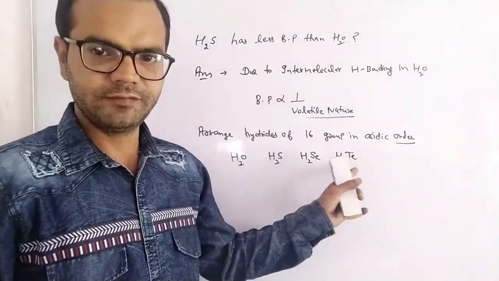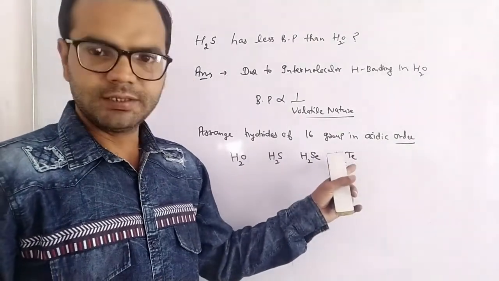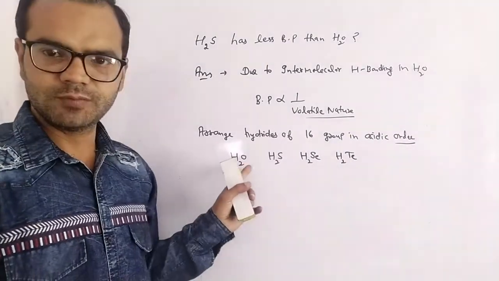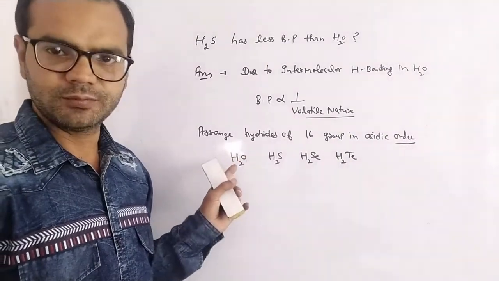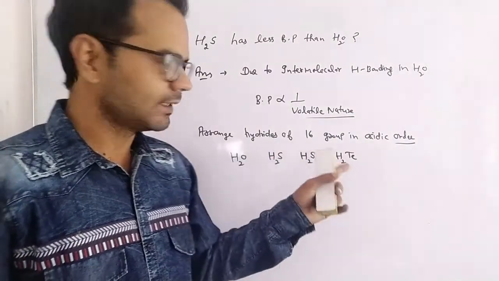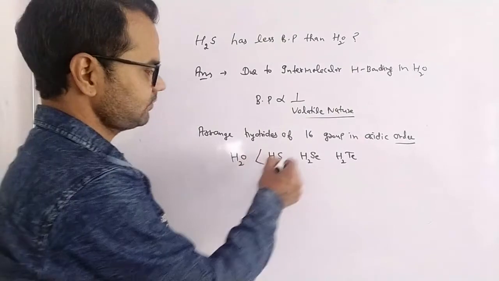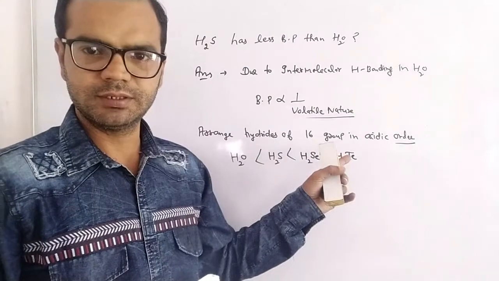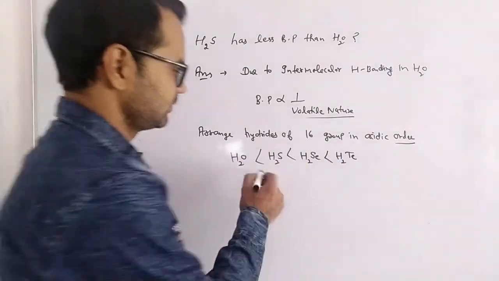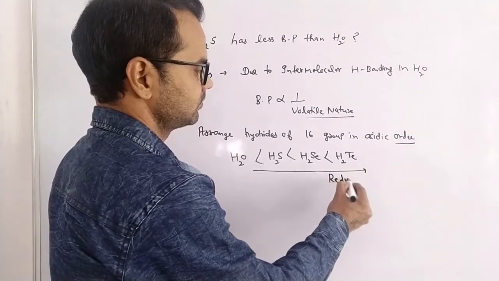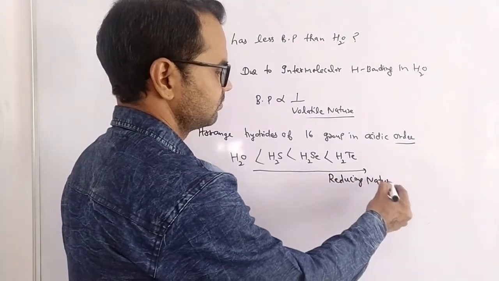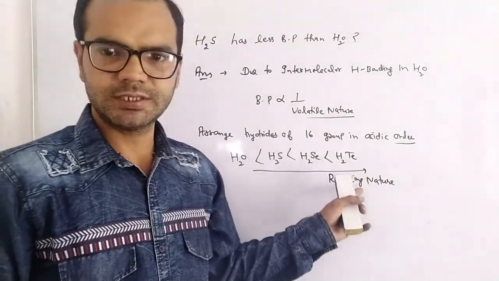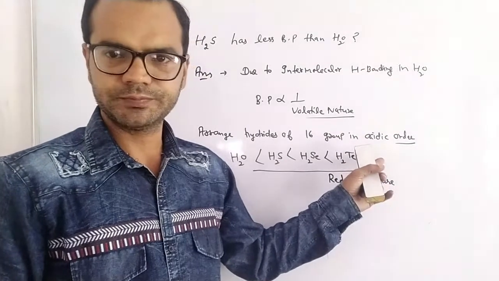In H2Te there is a weak bond and high bond length. Bond dissociation energy of H2Te is least, and in H2O, oxygen is more electronegative. It will hold hydrogen more strongly. So there will be an increase in acidic nature. H2Te is the most acidic among the hydrides of group number 16, and it will be reducing in nature also. In a similar way, reducing nature down the group increases and acidic nature also increases.